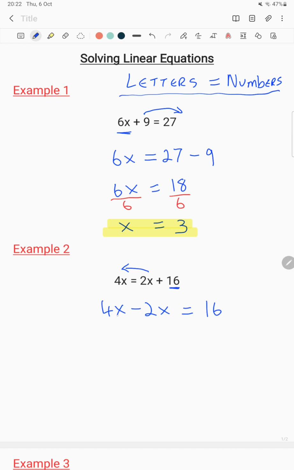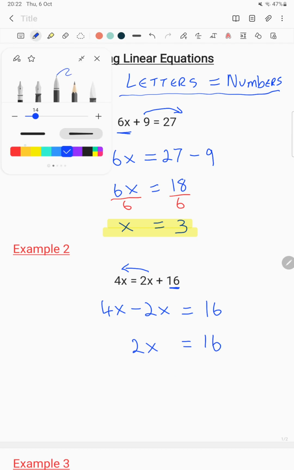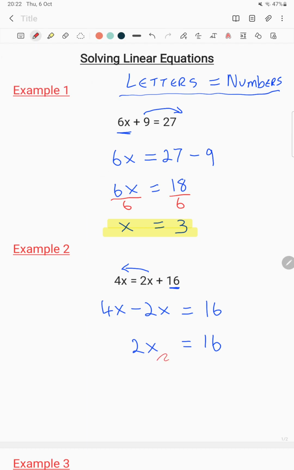Now, tidying it up, 4x minus 2x is 2x, and we equal that to 16. To get a single x on its own, we divide both sides by the number in front of the x, so that's a 2.